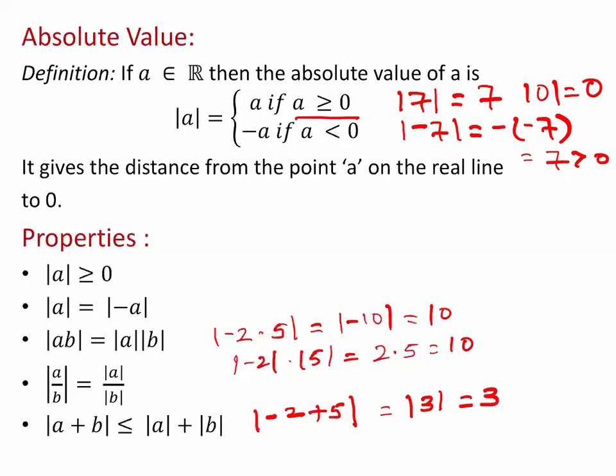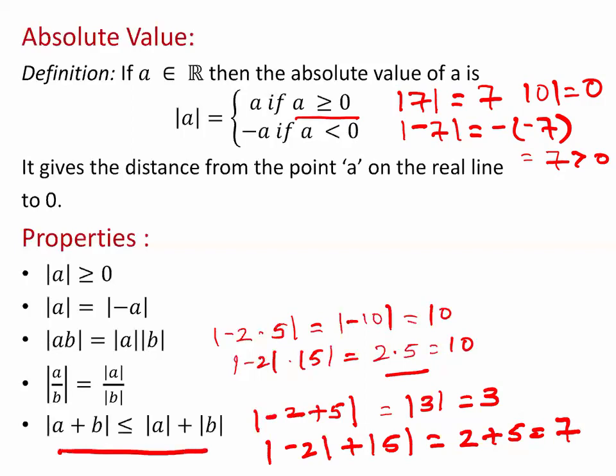And if you take the absolute value of each of the terms, the absolute value of minus 2 plus the absolute value of 5, as explained here, it is 2 plus 5, that is 7. So 7 is greater than 3. So it is satisfying this inequality.